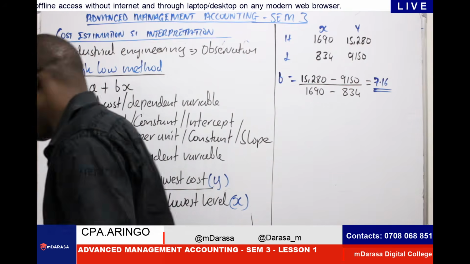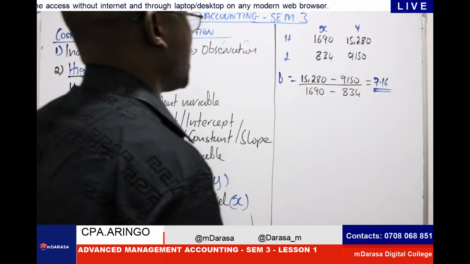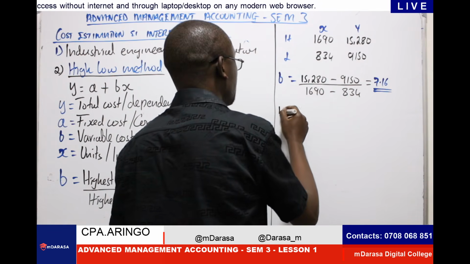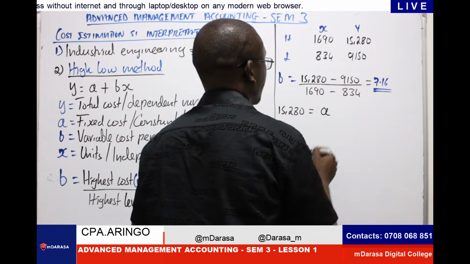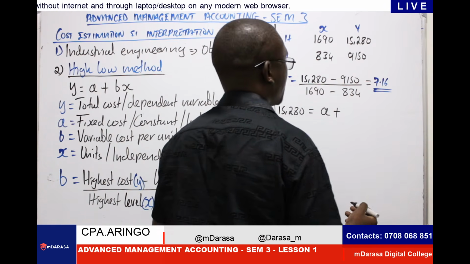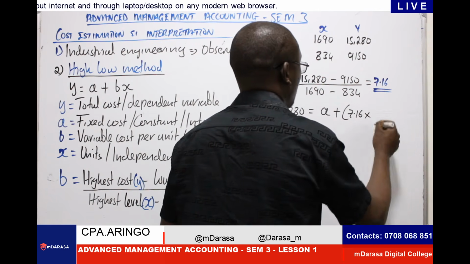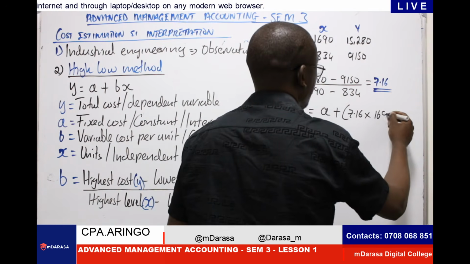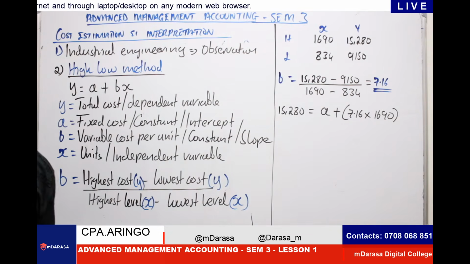It will now be very easy, because we take our first case. My y at the highest is 1580, which is equal to a, that I don't have, plus bx, where my b is 7.16, times the quantity at the highest level, 1690. So can we now determine our a? We can easily determine our a.